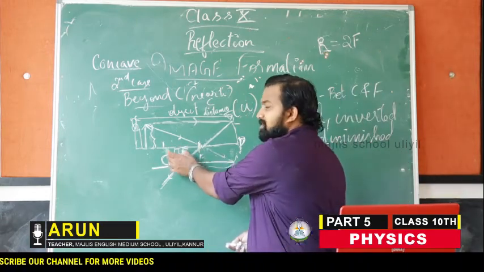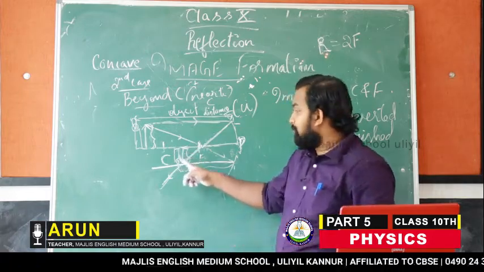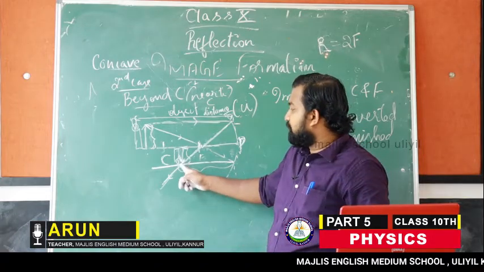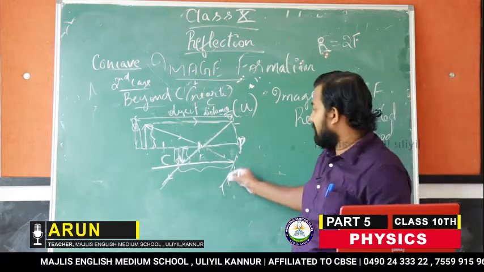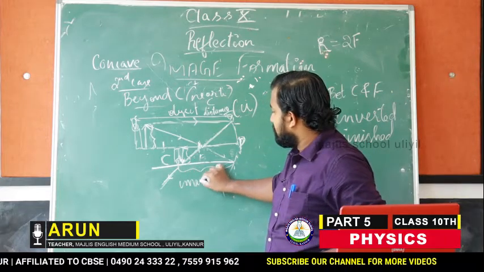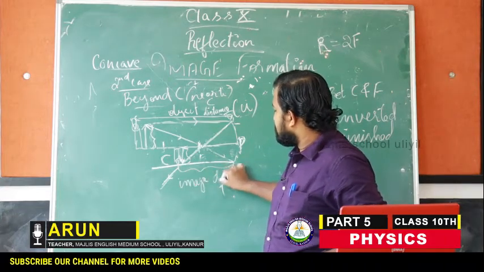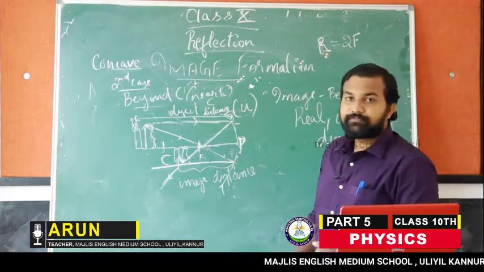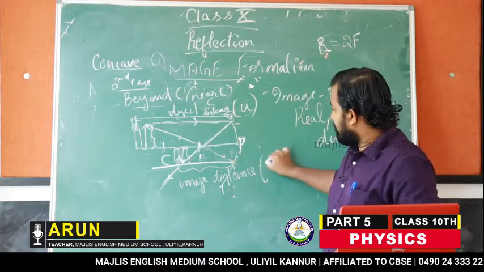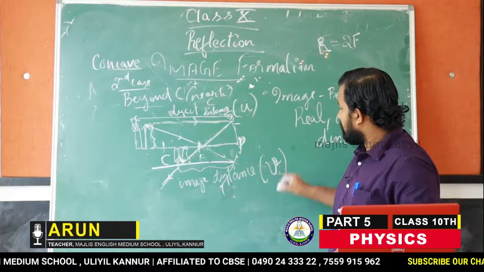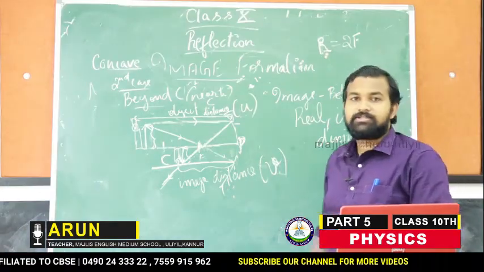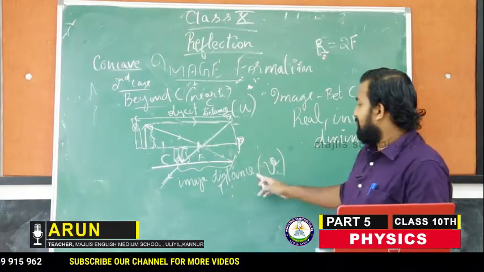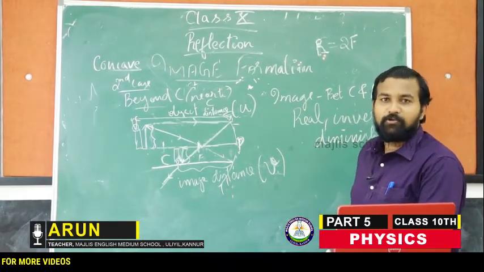So the distance from the position at which the image is formed to the pole, what is that called? That is called image distance, and we will be denoting it by the letter small v.